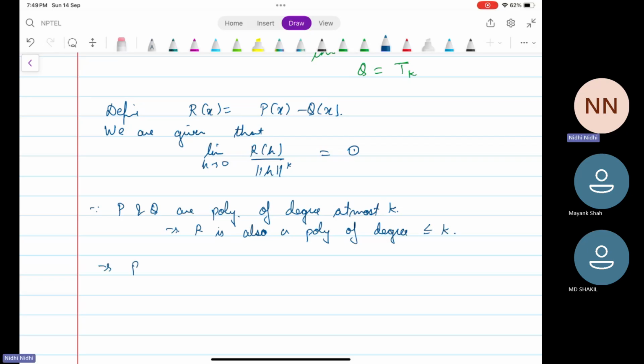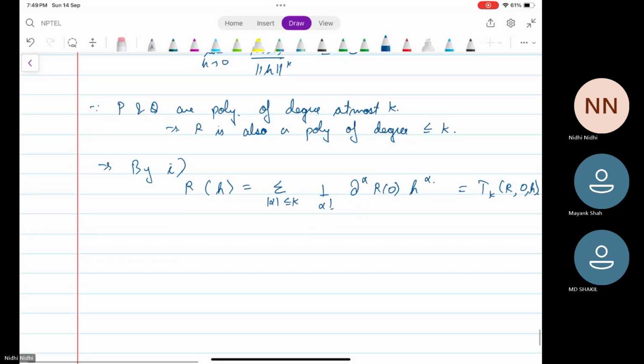Then again, as done in the first part, I can write this r(h) as the summation over mod alpha less than or equal to k of 1 upon alpha factorial del alpha r at 0 times h to the power alpha, which is basically T_k r at 0 of h.